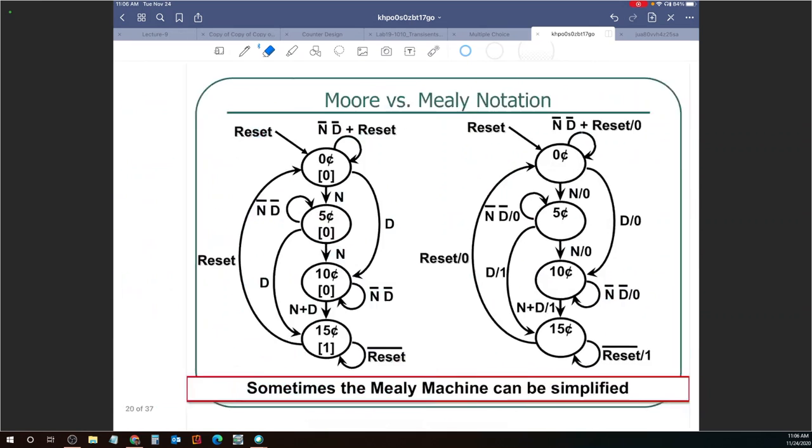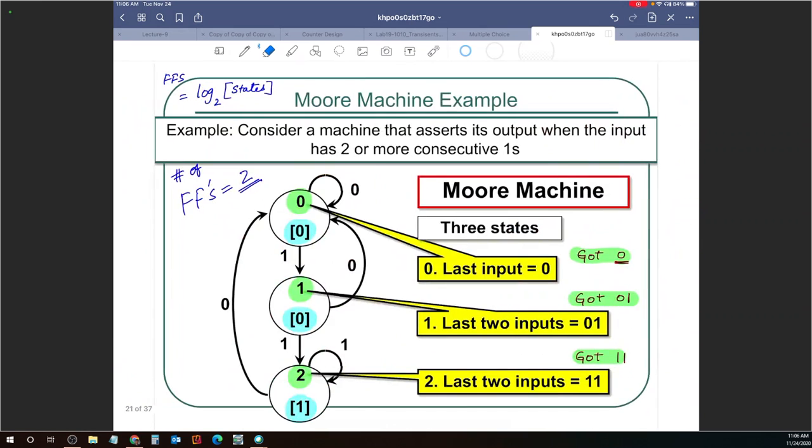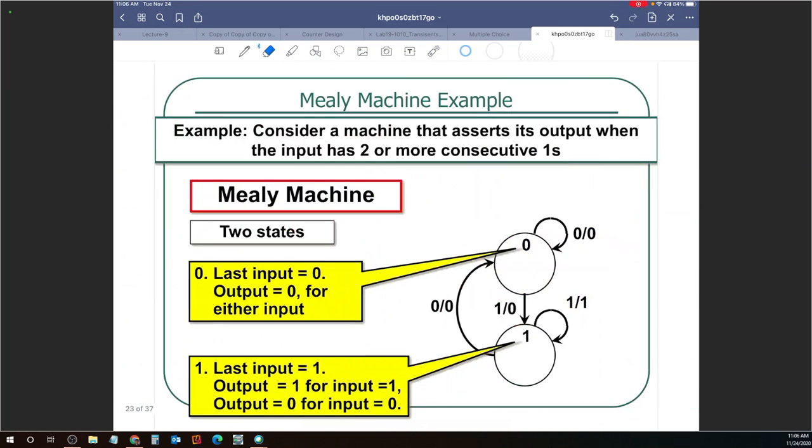Let me move on to our consecutive ones detector. So we are trying to detect two or more consecutive ones. This was a Moore-based design, and you guys said that we need 2 flip-flops to do this. Now we talked about the behavior. Now let us consider the alternative.